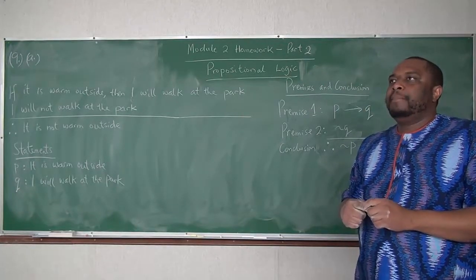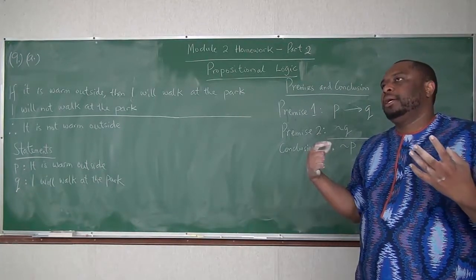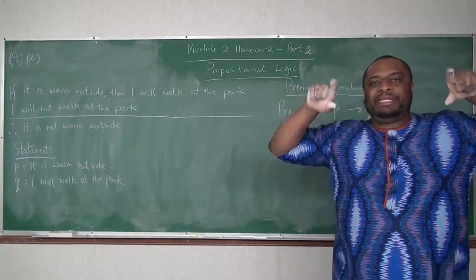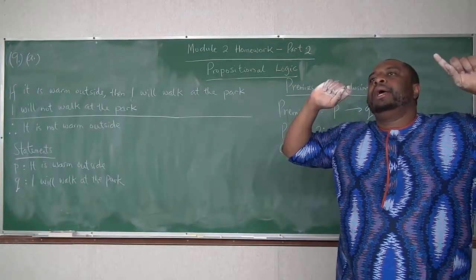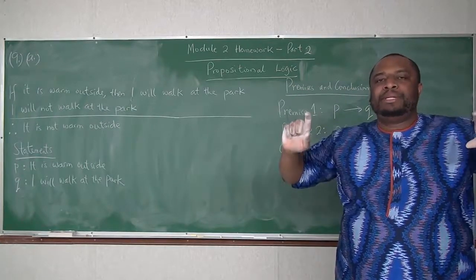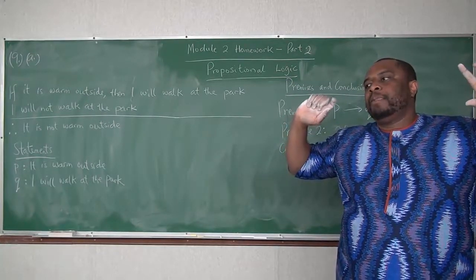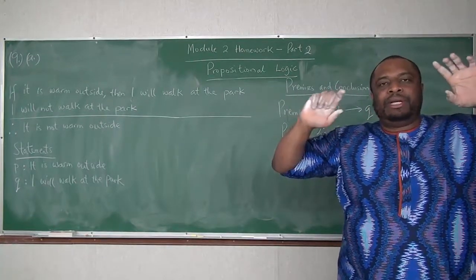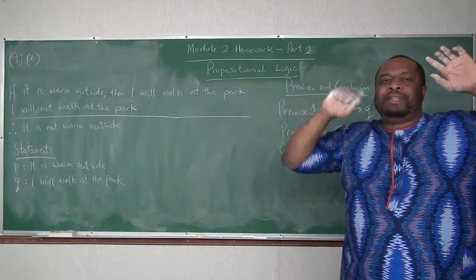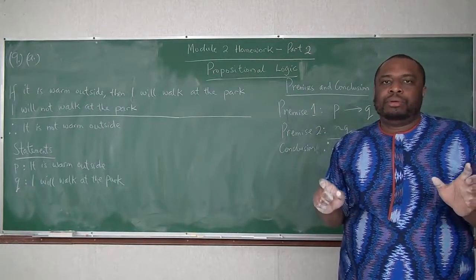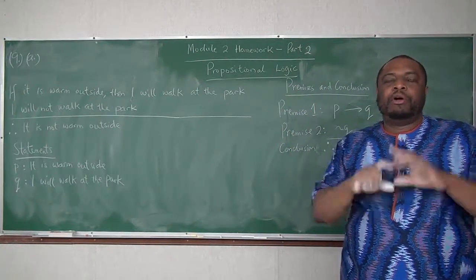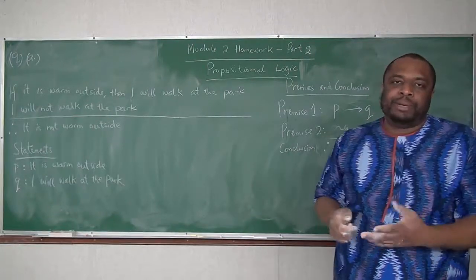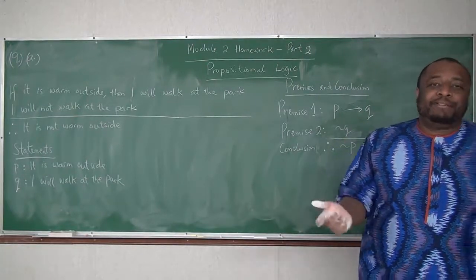Okay? By definition, meaning that you check all the cases where both premises are true, and you circle them. If the conclusion of that case is true, argument is valid. Because that is by definition.